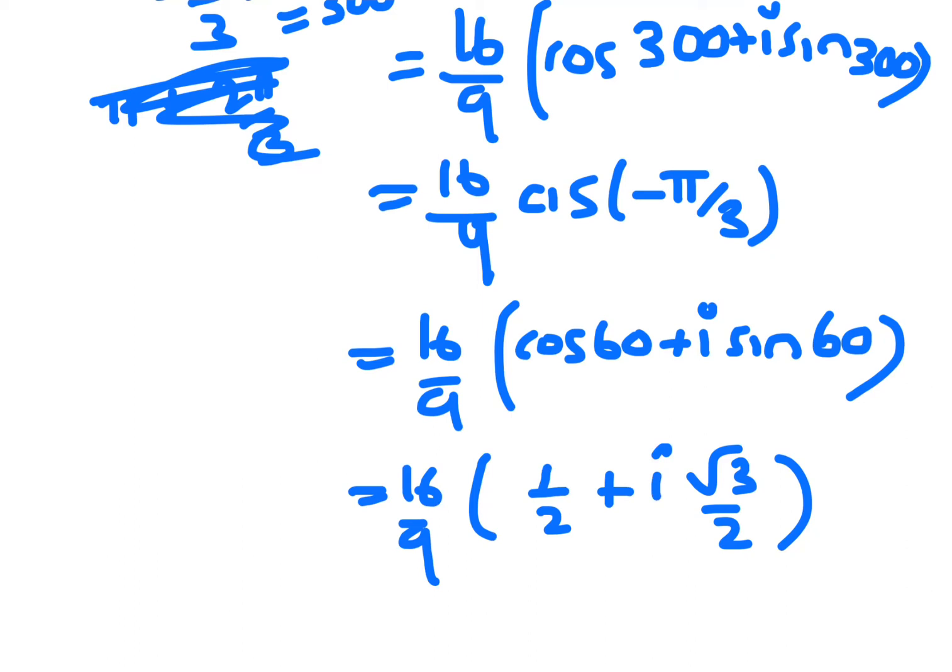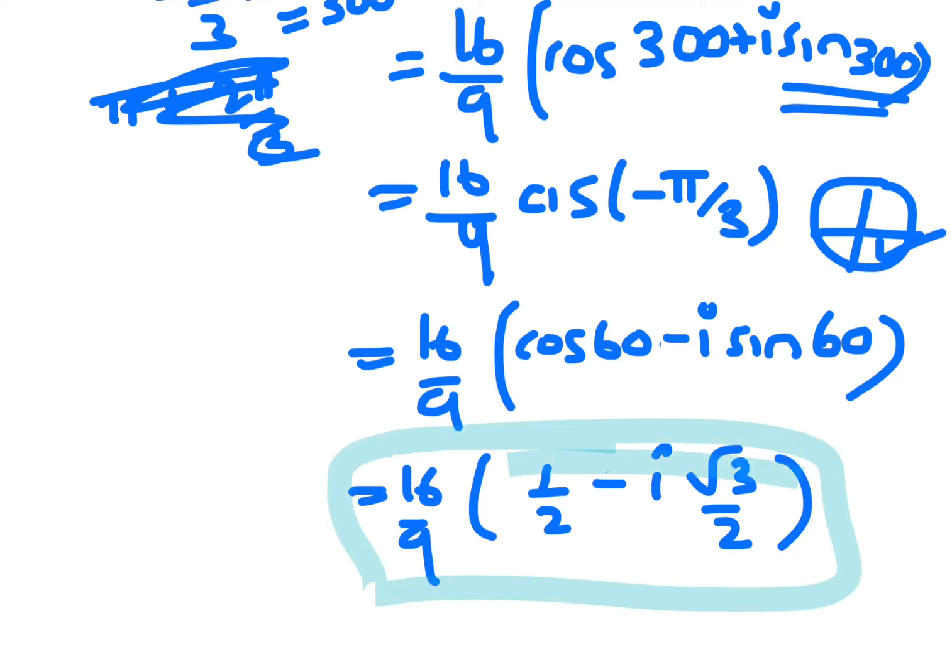I've just made a little mistake there. Cos of 300 will actually be positive, but sine is negative in that quadrant. So that just means that the sign in here will be a negative for your answer when you simplify this expression.